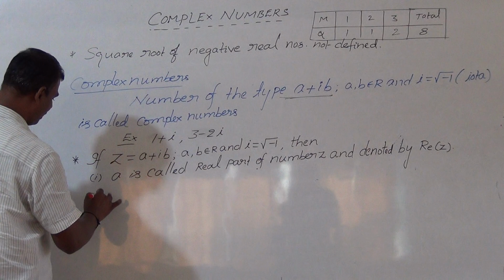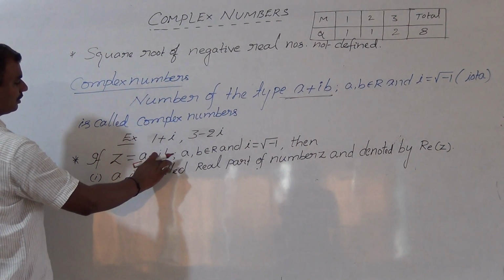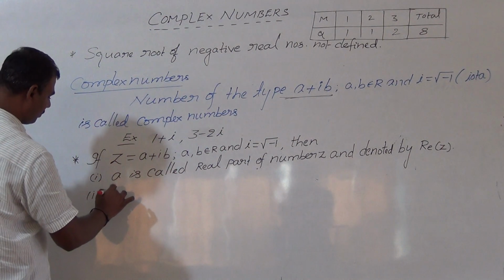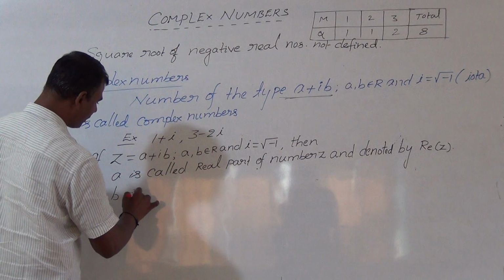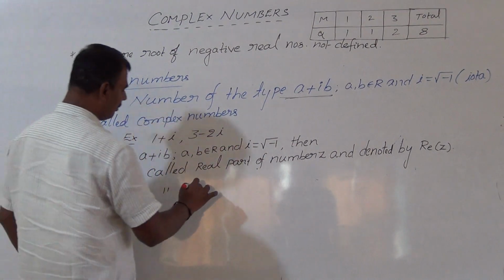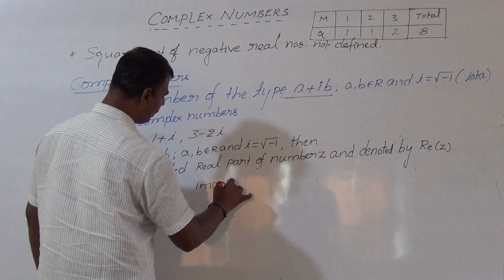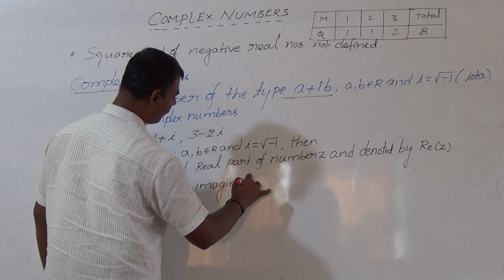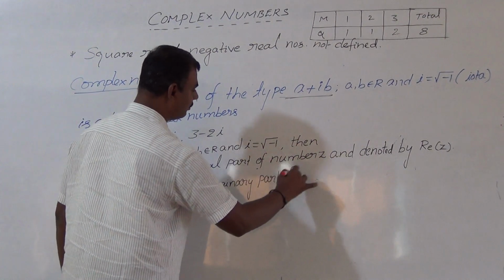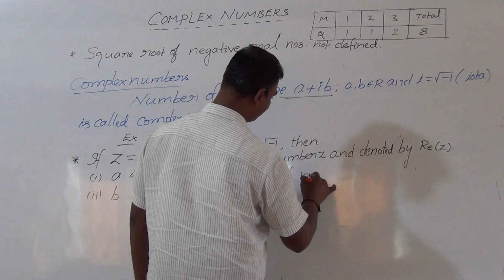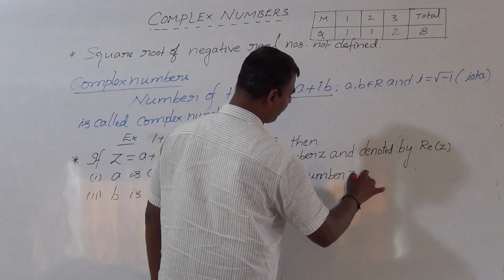In the same manner, the coefficient of i, that is b, we have to take b only. So b is called the imaginary part of number z.